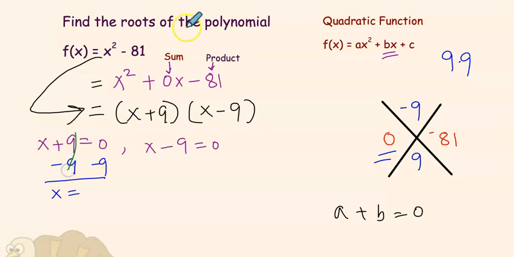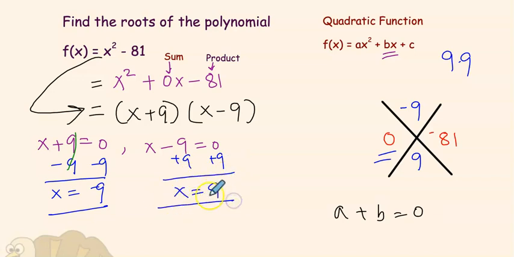Cancel off this 9. So x is equal to negative 9. And in this, add 9 on both sides. So x is equal to positive 9. Right? So my roots are negative 9, comma, positive 9. Right? These are the roots.